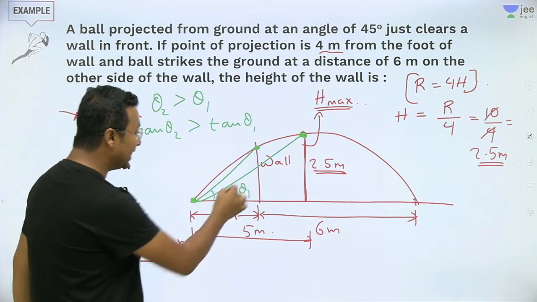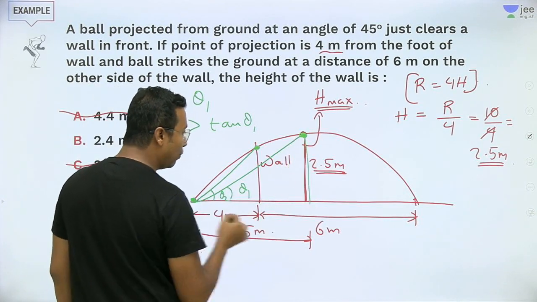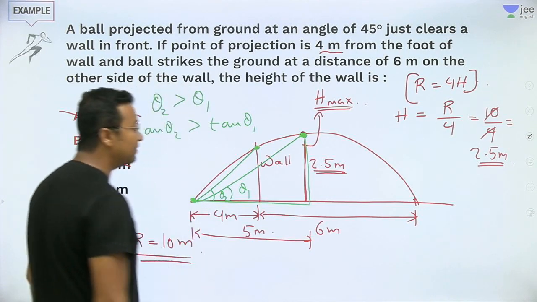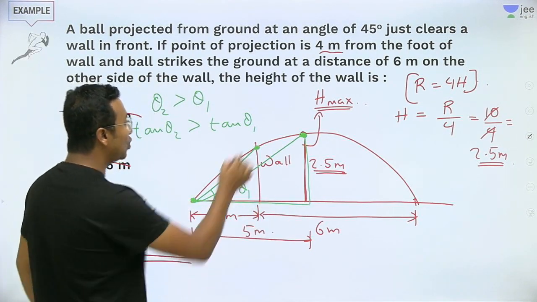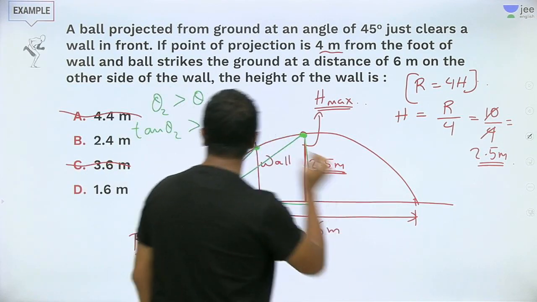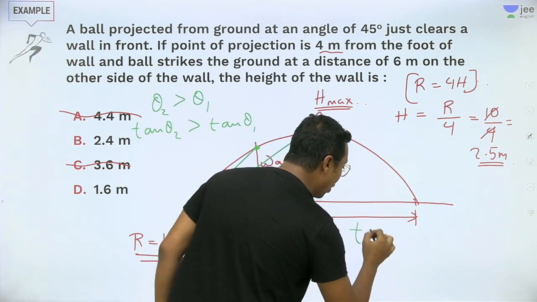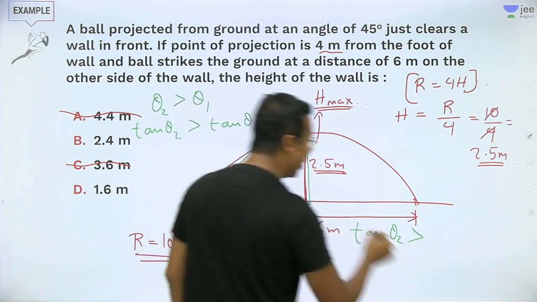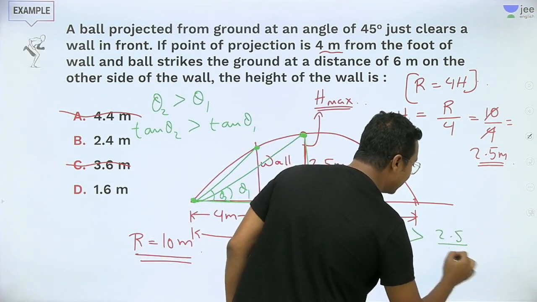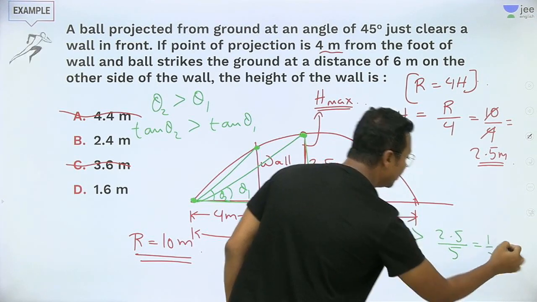Tan of theta 1 will be how much? 2.5 divided by, what is this distance? 5. So I can write this here. Tan of theta 2 will be greater than 2.5 divided by 5, that is equal to 1 by 2.